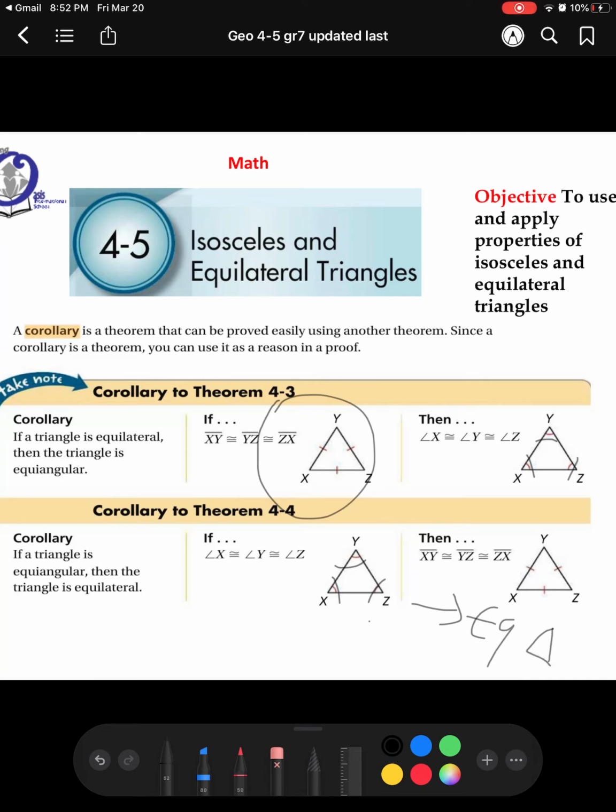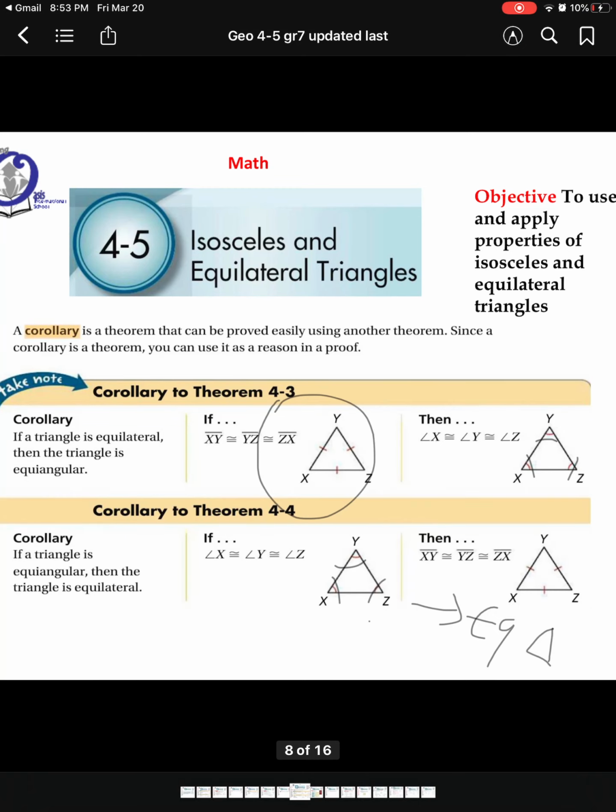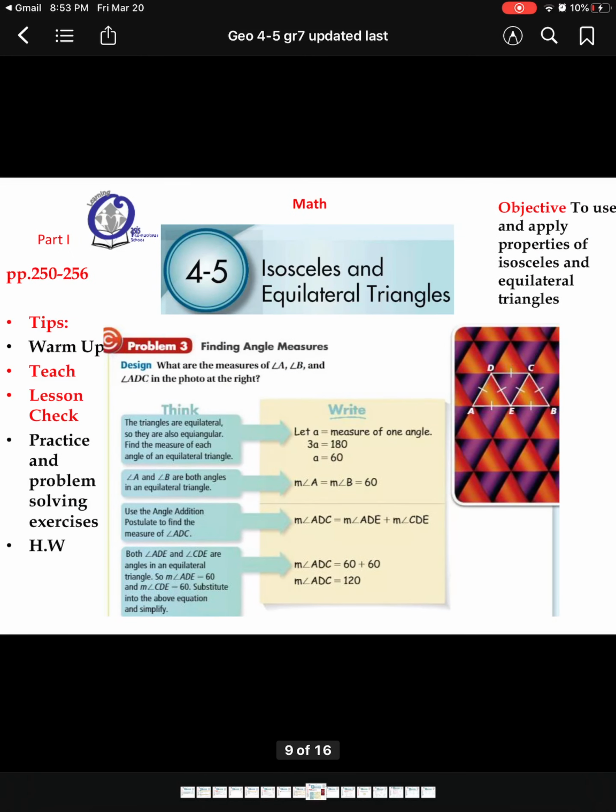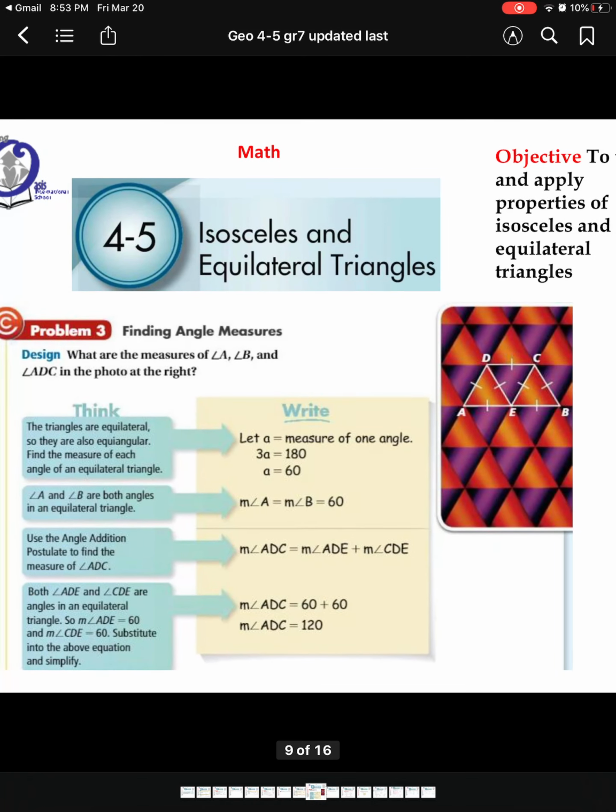If you are given that the angles are congruent, you can guess that the type of the triangle that you're using is what? An equilateral. Now, what do we need from this? As well, we needed to find the missing sides and angles, or to prove congruence in my drawing.